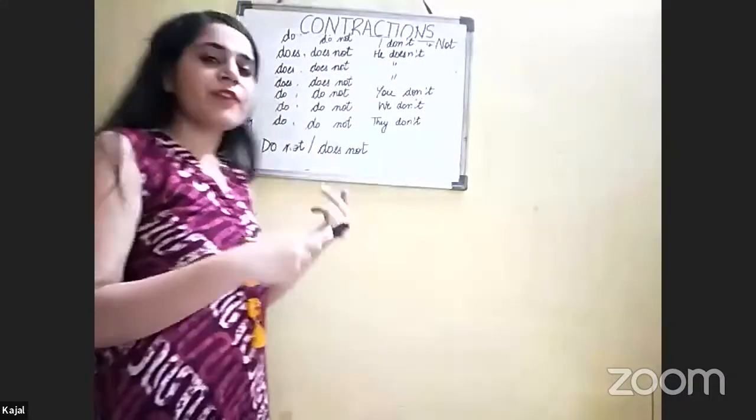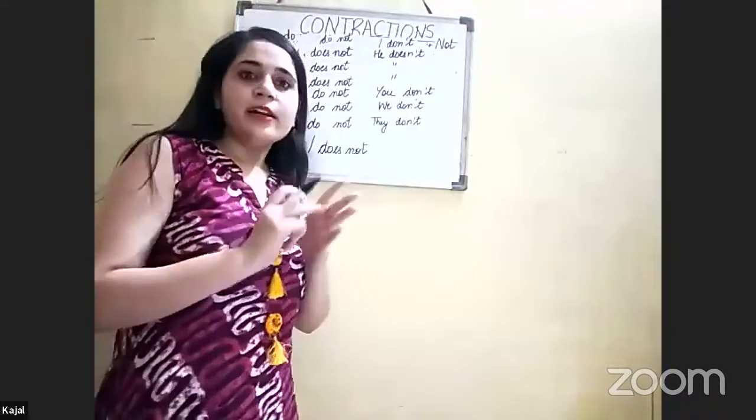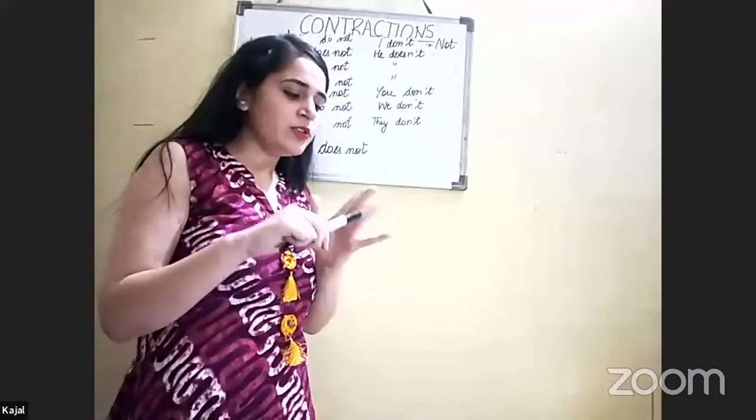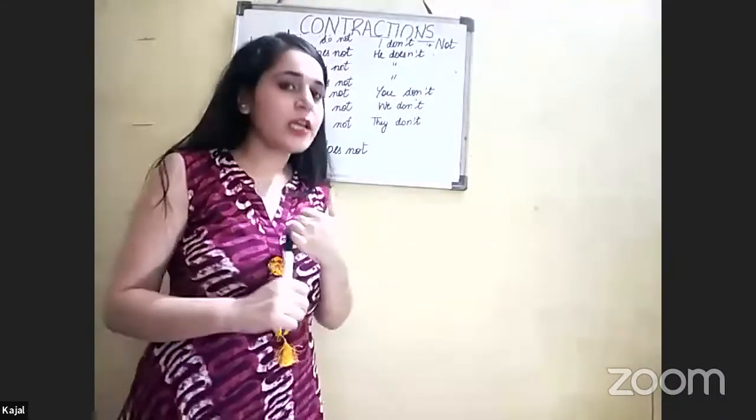Okay. So now we have covered is, am, are, was, were with their negatives. We have done do, does with their negatives. We have done have, has, and had with their negatives.